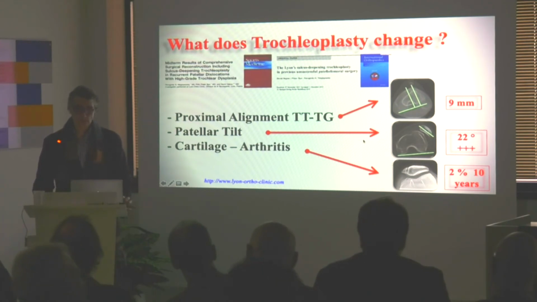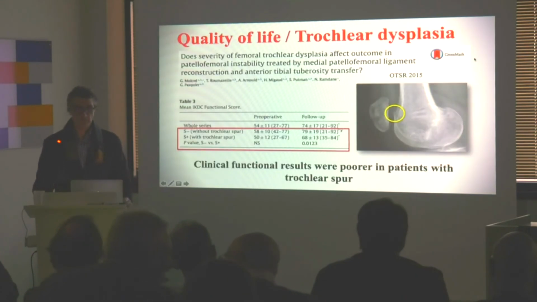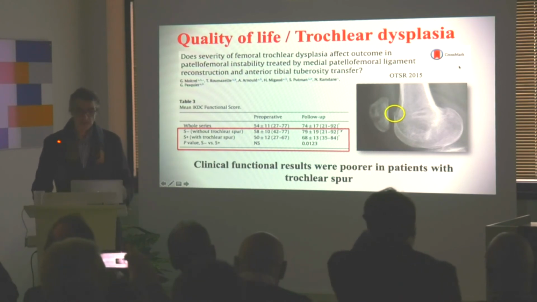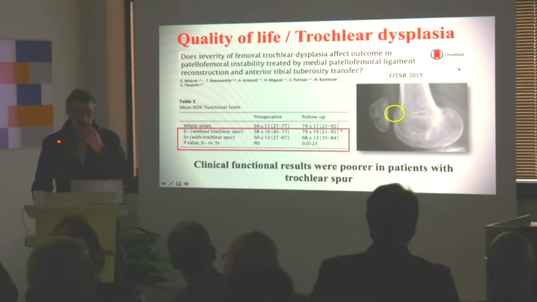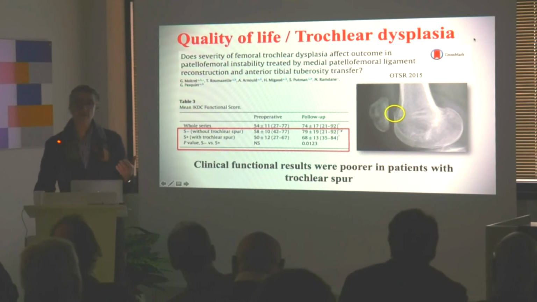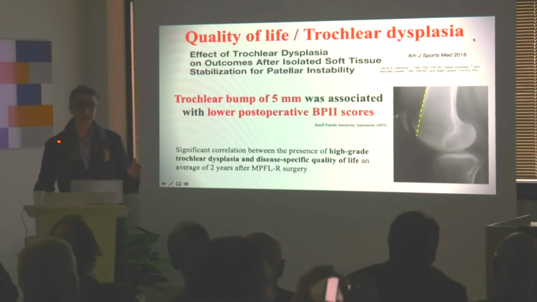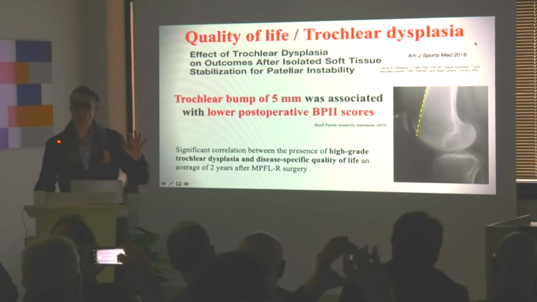And in our midterm study, we had 2% of stage 1 or 2 Iwano arthritis, which is not arthritis, it's a remodeling of the ear. If you go through the literature, and now we have a lot of articles about trochleoplasty, and that's very fine. You see typically that the result is highly dependent on the amount of spur and the amount of prominence.